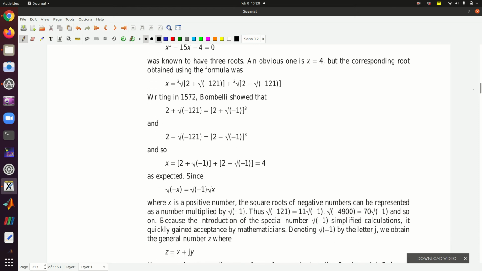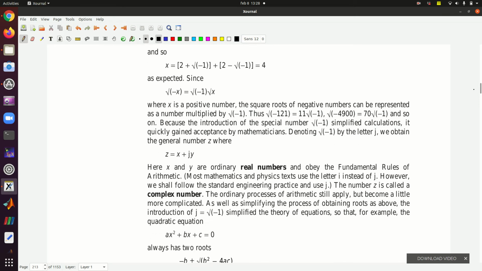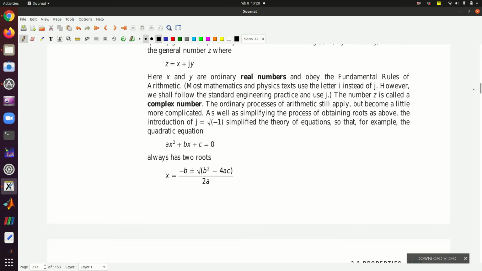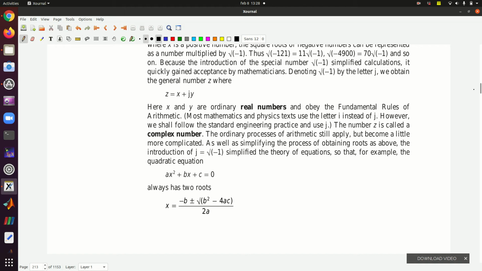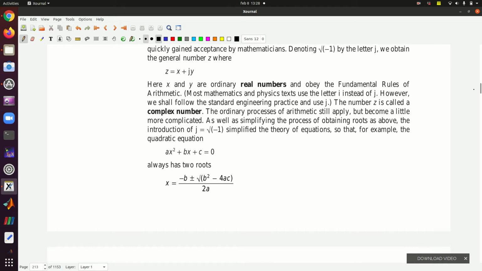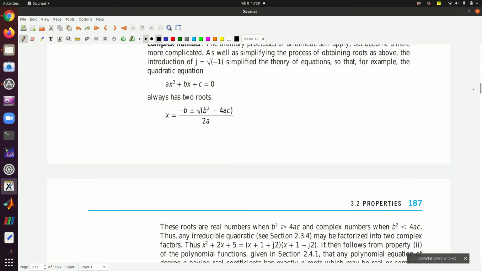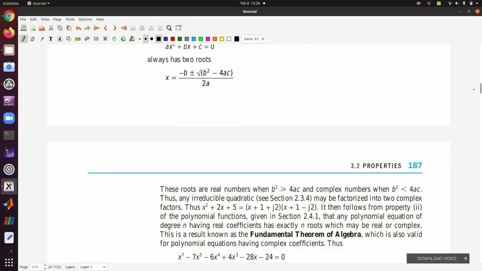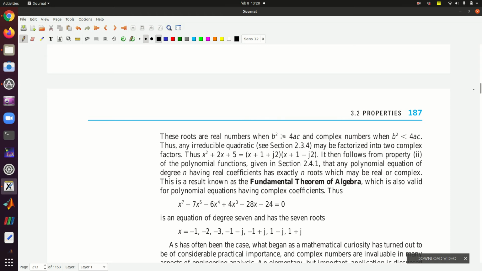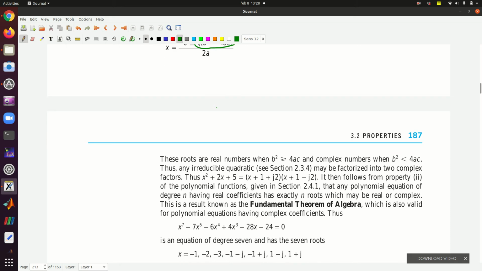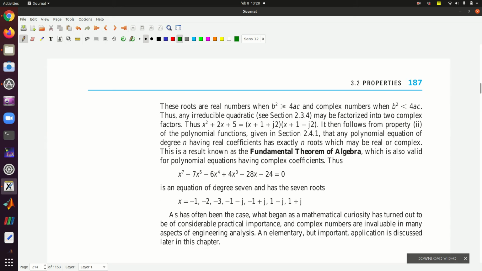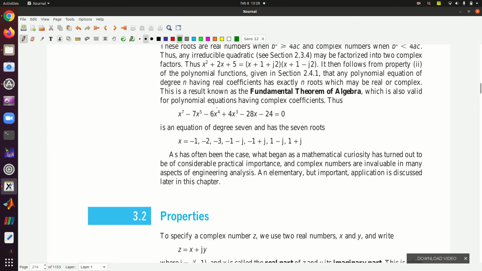Well, they don't go into much detail on that, but we still have a history here, and then they give us scenarios where complex numbers can arise if we are trying to find the roots of quadratic equations, and we are faced with a situation where the discriminant, the one under the root, is negative. Okay, if it is negative, how would we deal with that? Trying to find the square root of a negative value, and so on.